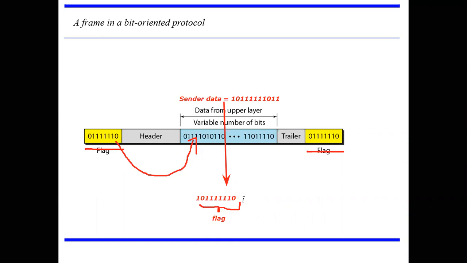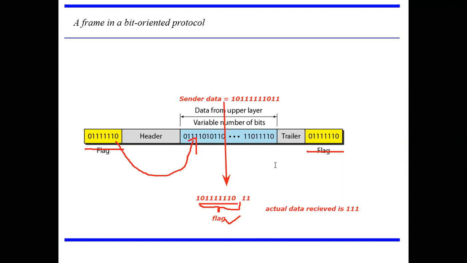Now what is the remaining data it will receive? The remaining data is 1 1. Now the receiver has recognized this 0 followed by 6 ones as the flag. So the actual data received is 1 1 1.